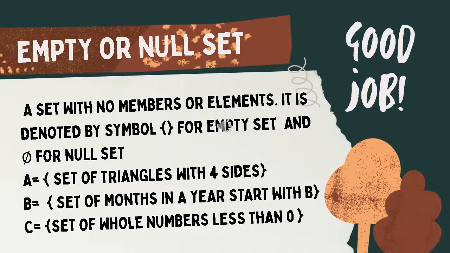Okay, so meron ba tayong whole numbers na mas mababa sa 0? Okay, pag sinabi natin whole number less than 0, hindi siya negative ha. Okay, so it is impossible. Okay, so this is a null set or empty set.